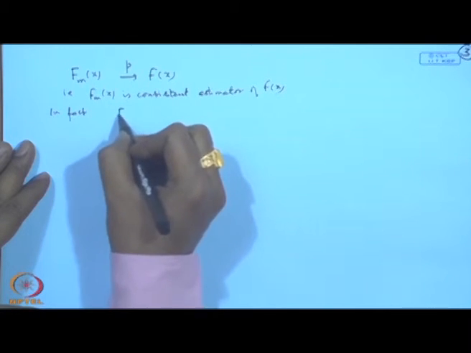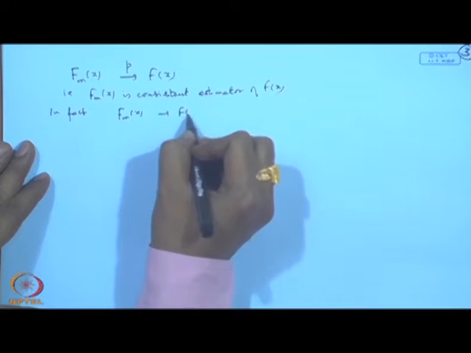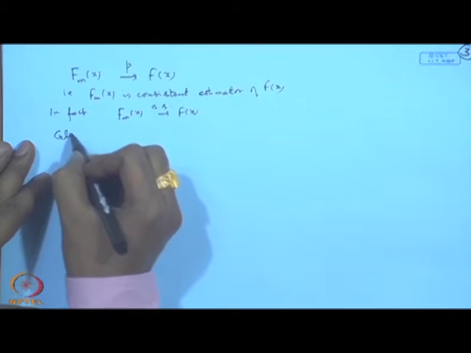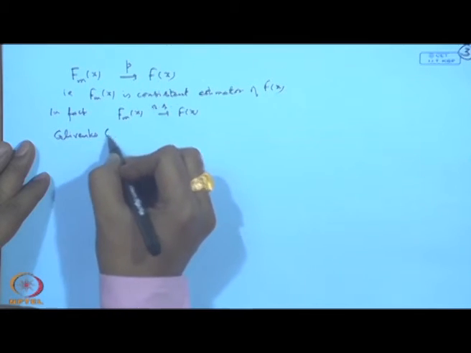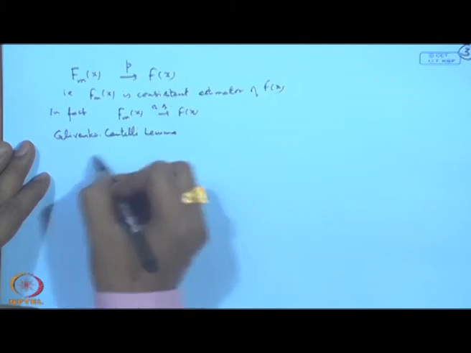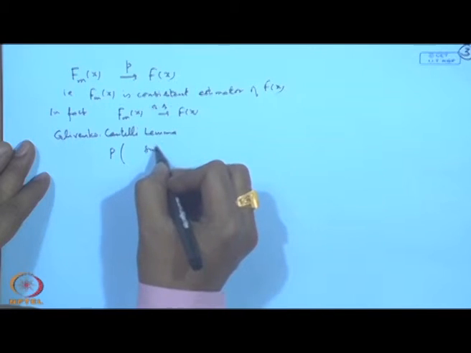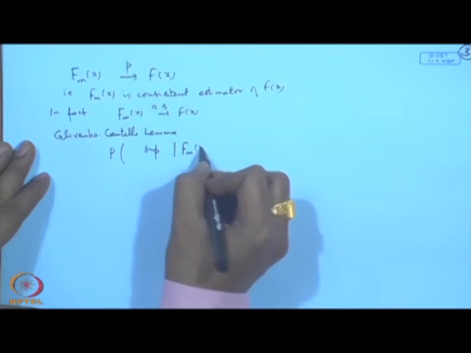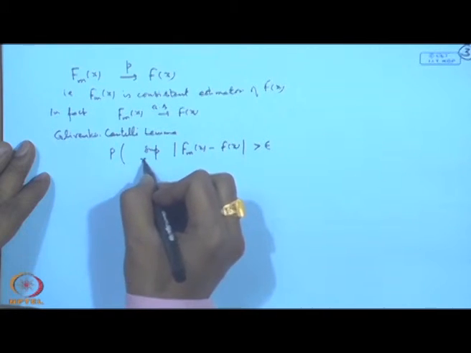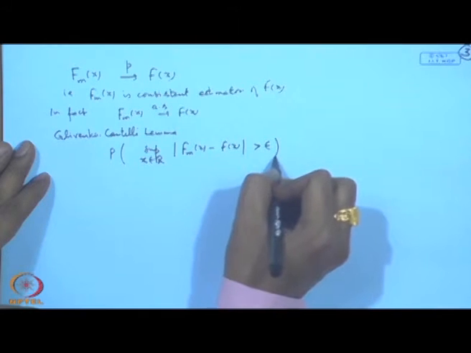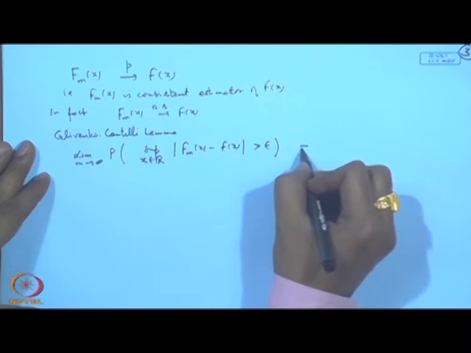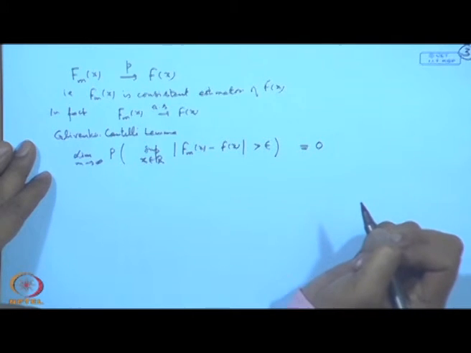In fact, we can have F_m(x) converging to F(x) almost surely, and we have an even stronger result, known as the Glivenko-Cantelli lemma, which says that the probability of the supremum of |F_m(x) minus F(x)| greater than epsilon, where this supremum is taken over all x on the real line, even this probability goes to 0 as m tends to infinity.